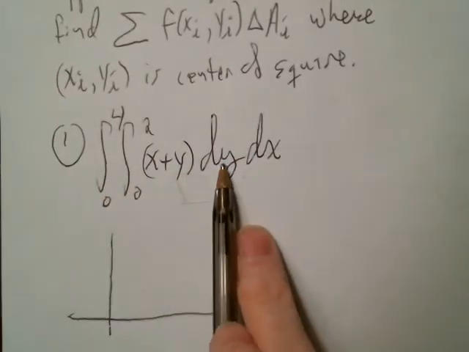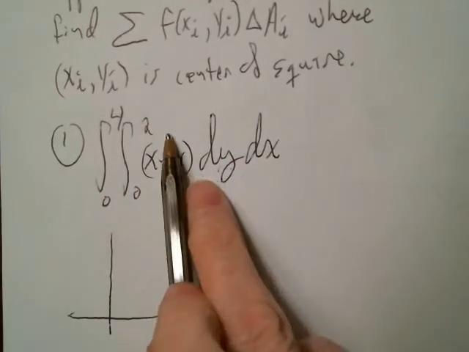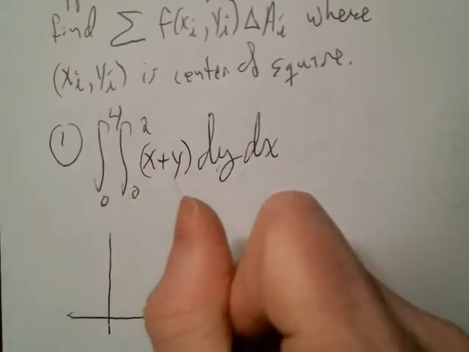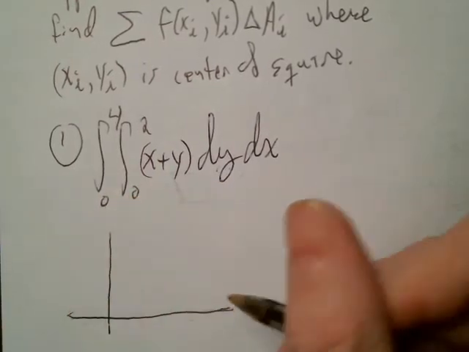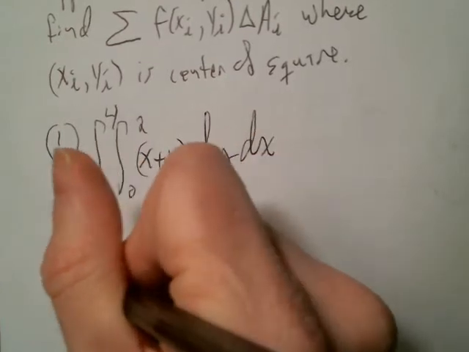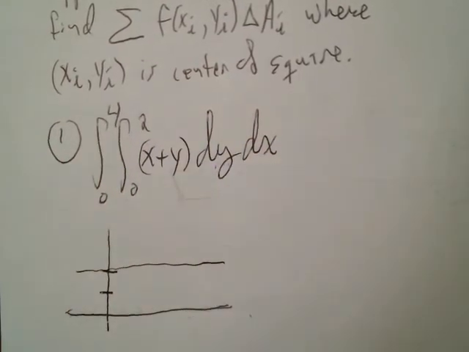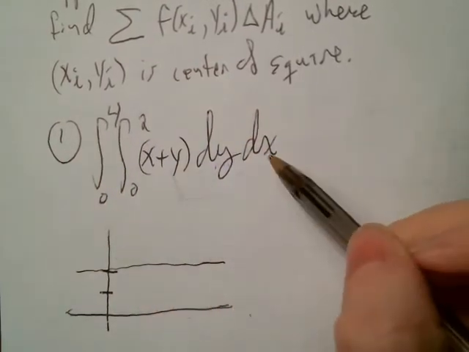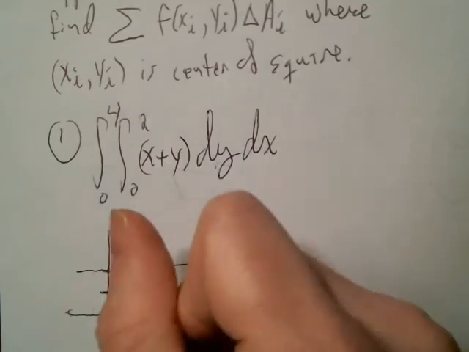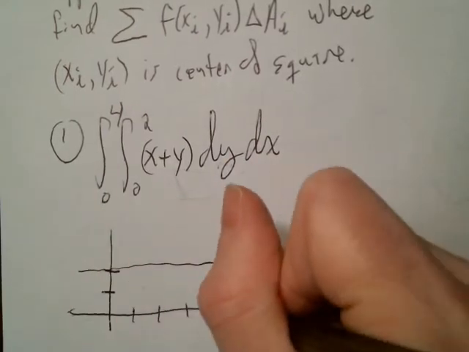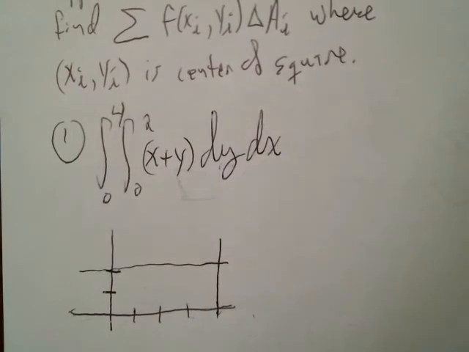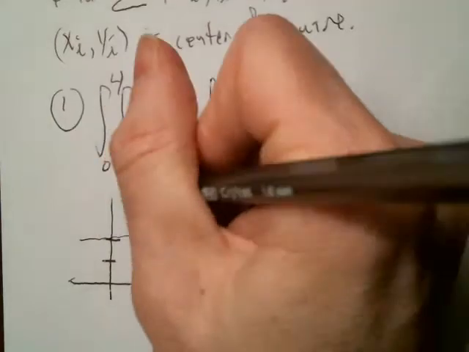This means y goes from 0 to 2. So y equals 0 is the x-axis, and y equals 2 is a horizontal line at 2. And then for the x-axis, I'm going from 0 to 4. So we get this rectangular region to integrate over.